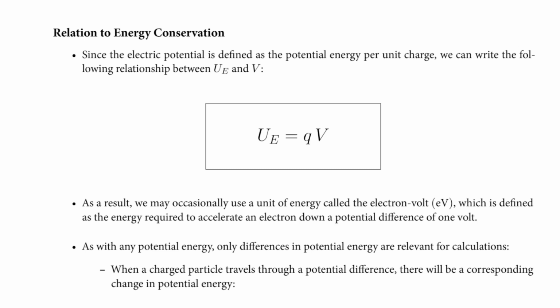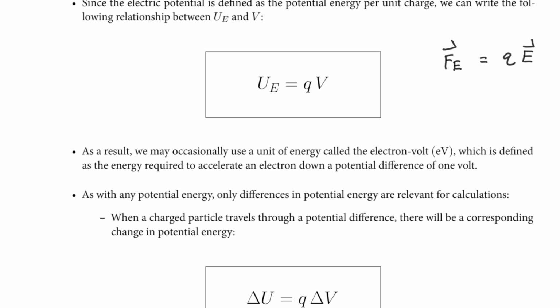So one of the reasons we define potential is because it is often much easier to solve energy problems using electric potential instead of just the actual energy. So just like we have the formula Fe equals QE to convert back into force if we know the field at a location, we can do the same thing to relate energy to potential.